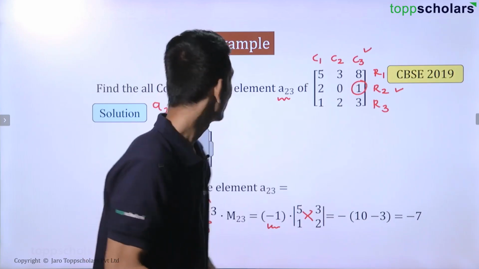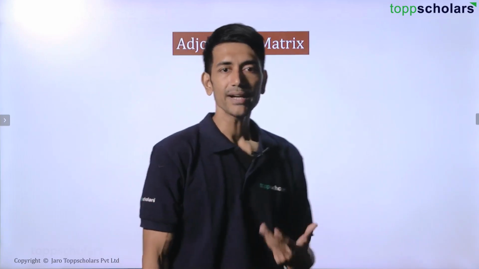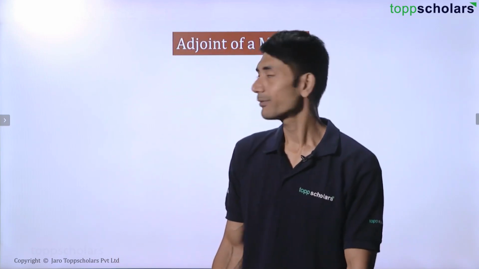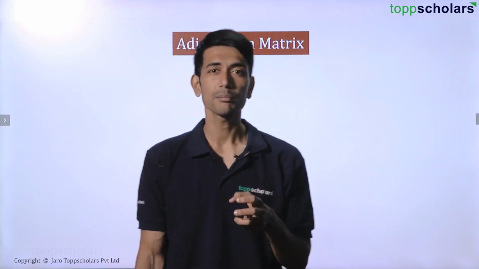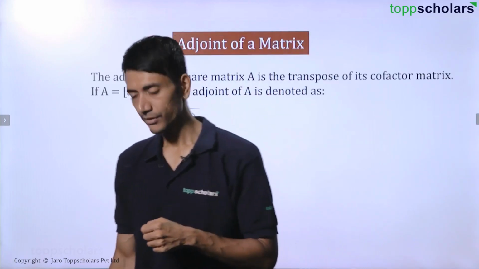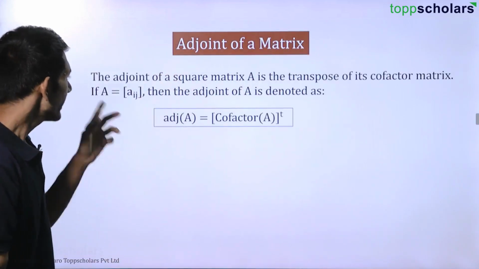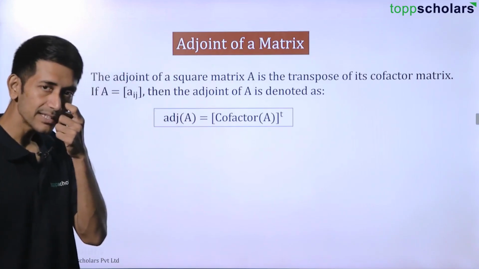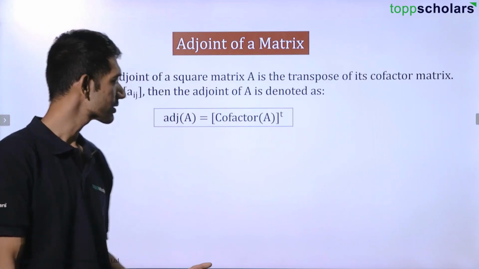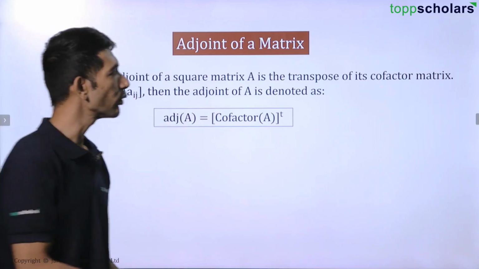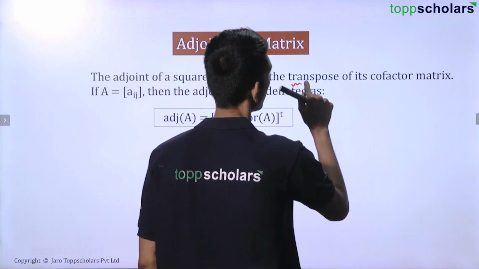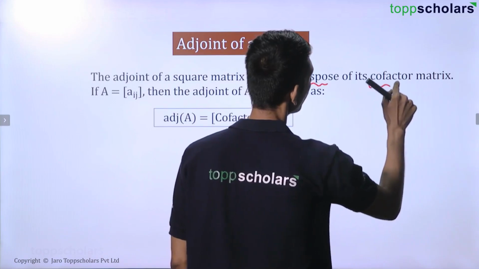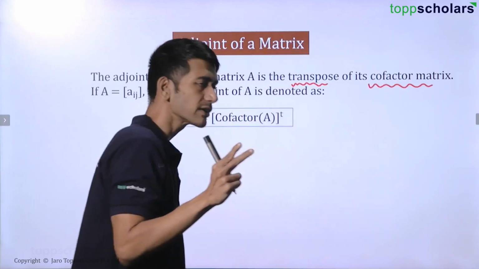Let's continue. Now we are dealing with a new topic, which is called the adjoint of a matrix. Let us try to understand what is the meaning of adjoint of a matrix. So, the adjoint of a square matrix, obviously the matrix has to be a square matrix first, is the transpose of its cofactor matrix. Now understand there are two things.